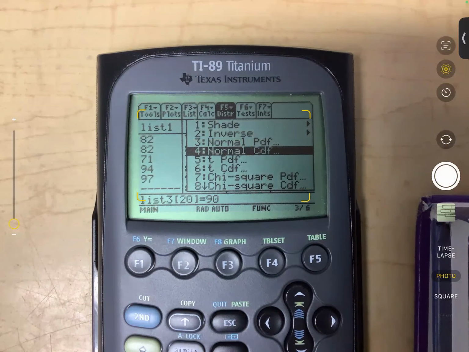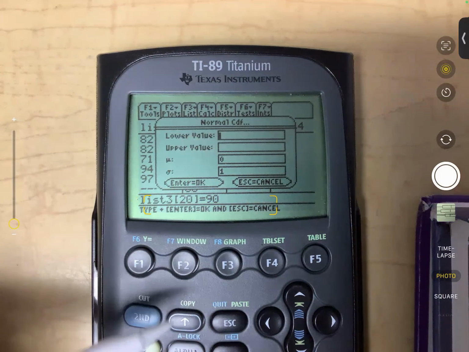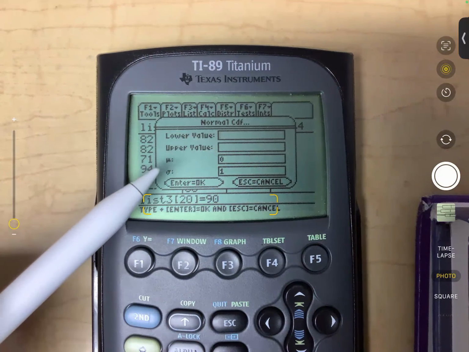Go ahead and hit enter, and you will see that there are 4 inputs required here: lower value, upper value, and then we see the symbols for mean and standard deviation of a population.